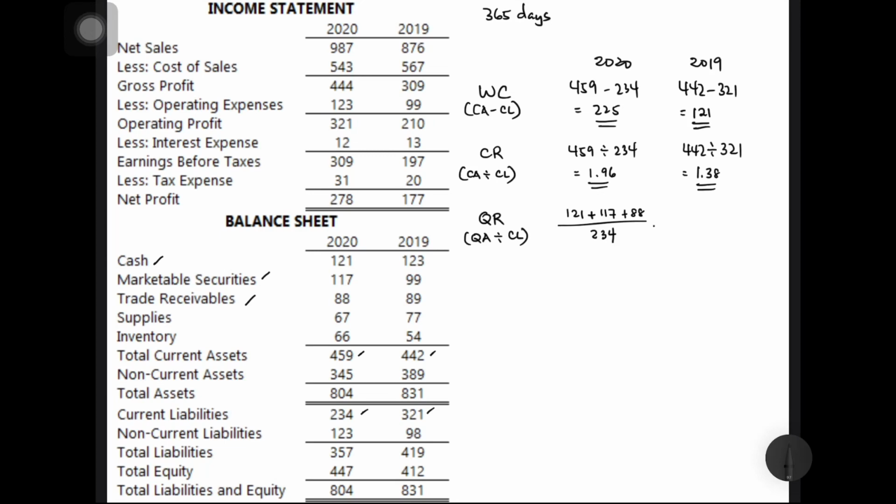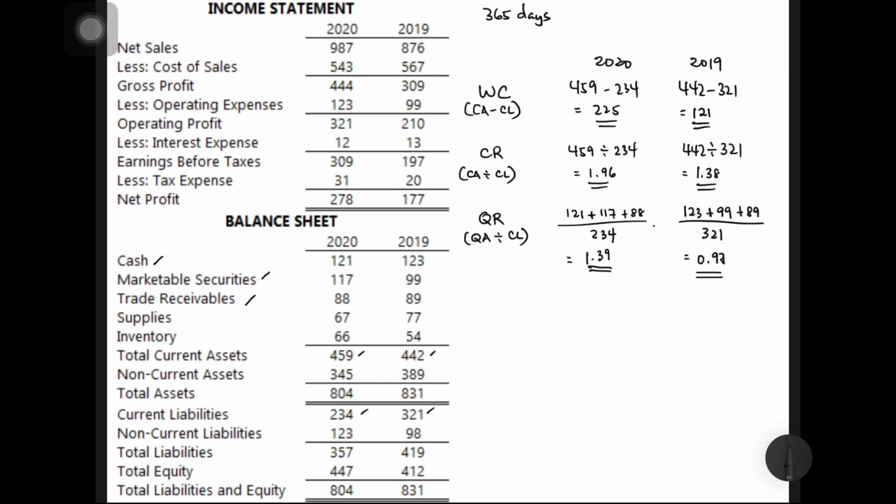Then for 2019, it's 123 plus 99 plus 89, all over the current liability of that year, 321. The answer is 1.39. And then for 2019, 0.97.